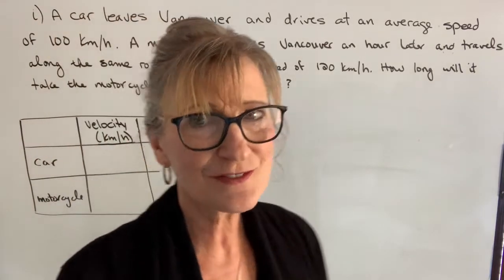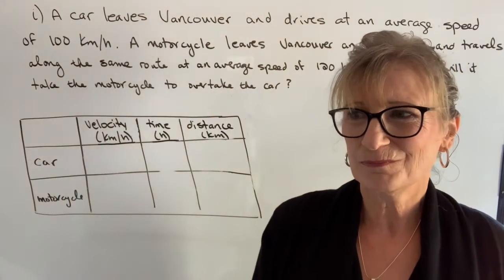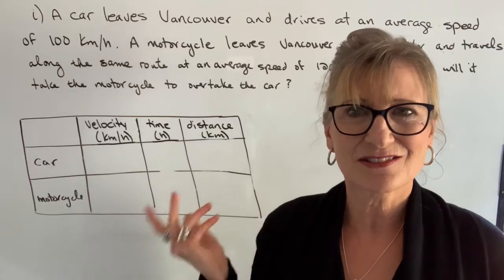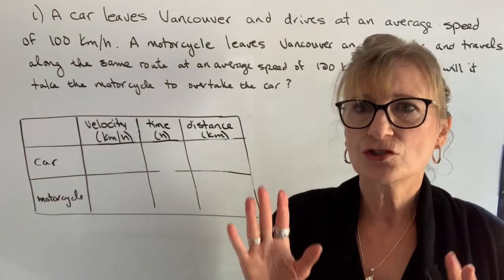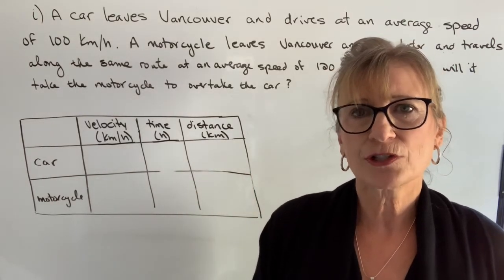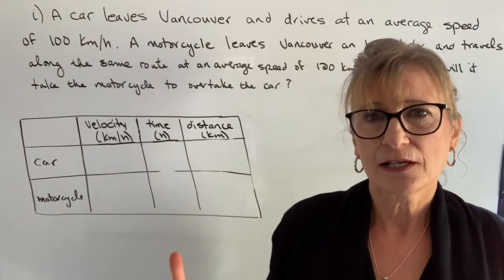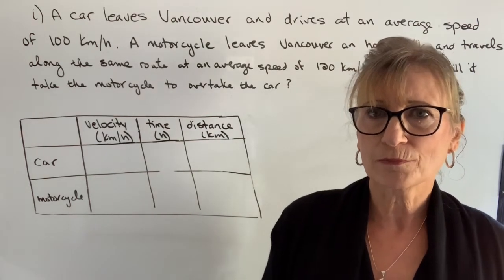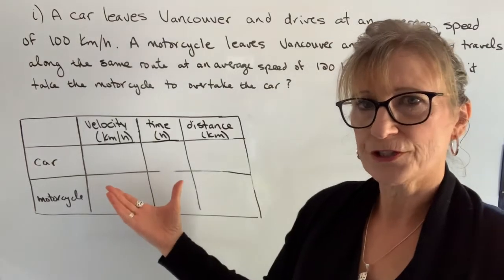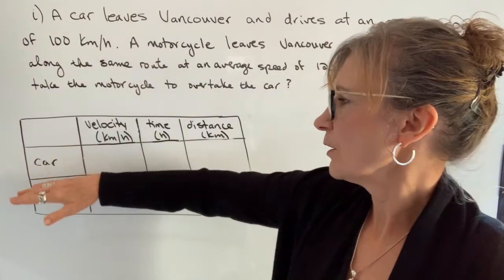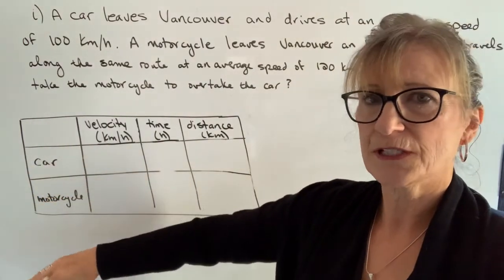So lots of stuff going on, and people might think, well, I need distance. There's not enough information. But let's just take a look at this and I'll show you the strategy that I would use and I typically use for distance word problems. I would set up a chart, and that chart's going to have a row for each mode of transportation.